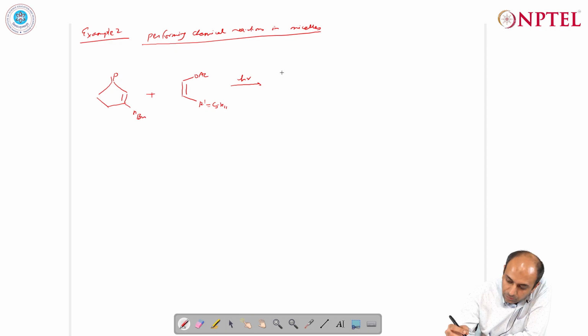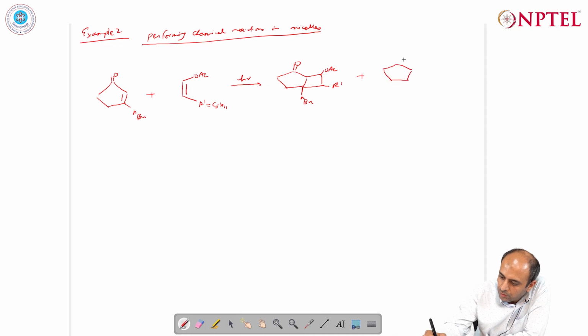Photodimerization, photo irradiation leads to the formation of these two possibilities.